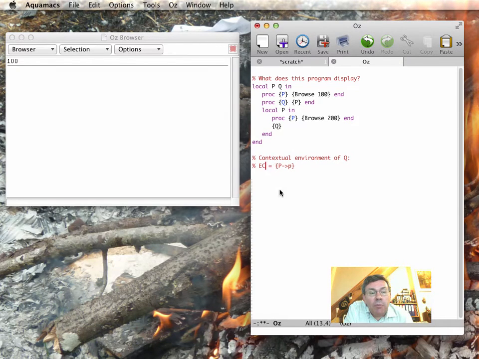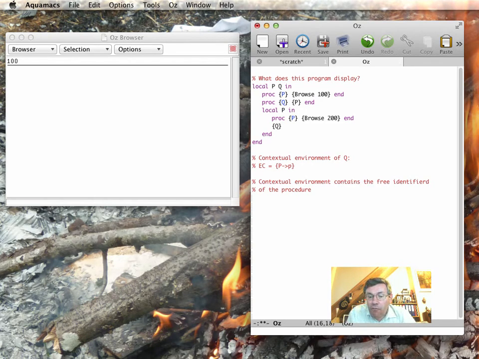Q has no arguments, but if it would have arguments, they don't need to be referenced because they are brought in at the call. It's the other identifiers. In fact, it's those identifiers in the procedure body that are not defined in that procedure body, but are defined outside. Those are the ones that Q has to remember. So the contextual environment contains the free identifiers of the procedure.